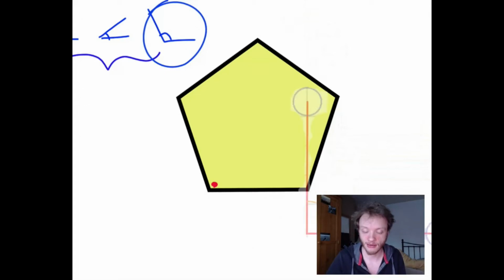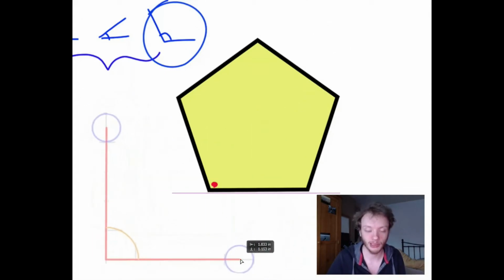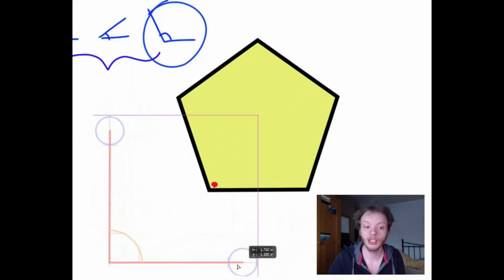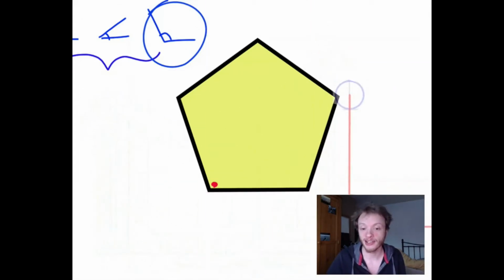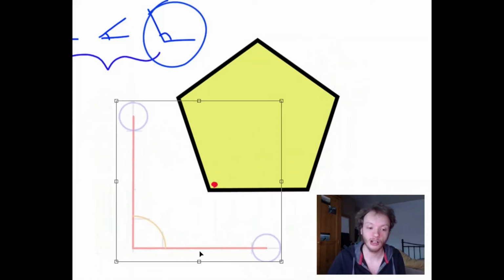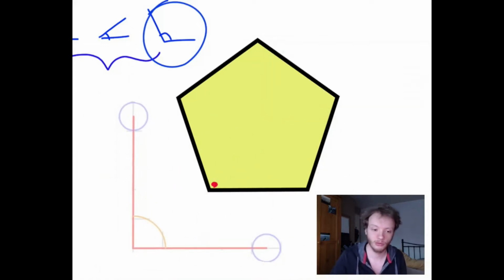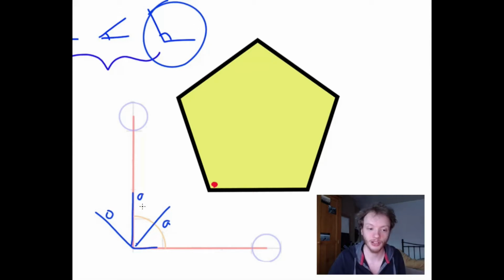I've made mine a bit transparent to help me out. When I measure the angle over the top, if the line is on this side, then it's acute. If it's on this side, it's obtuse. And if it matches perfectly, then I've got a 90-degree angle. So that's what that is for.